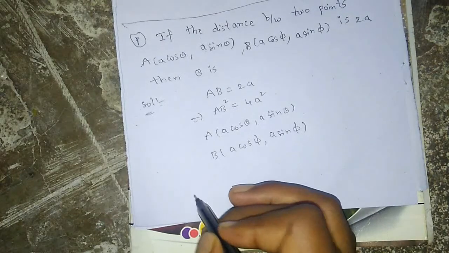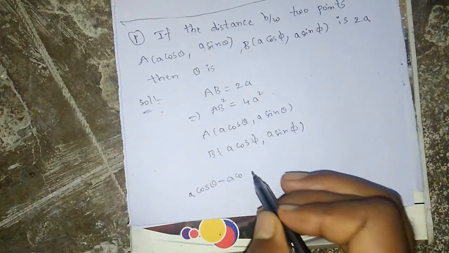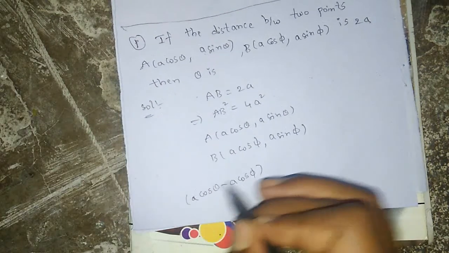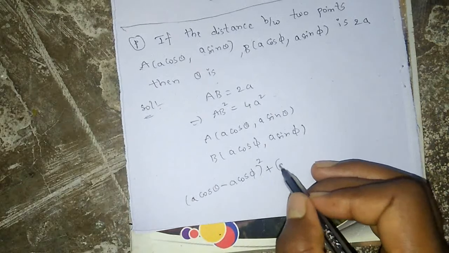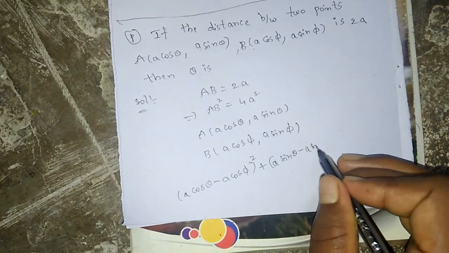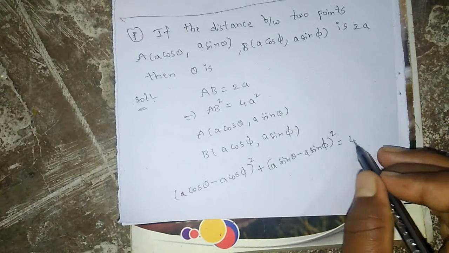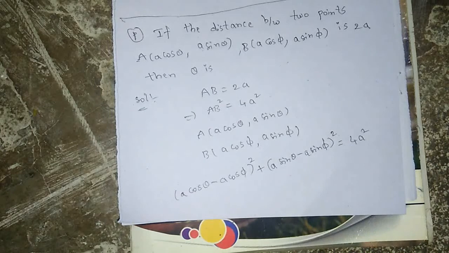Now AB square means (a cos theta minus a cos phi) whole square plus (a sin theta minus a sin phi) whole square is equal to 4a square.